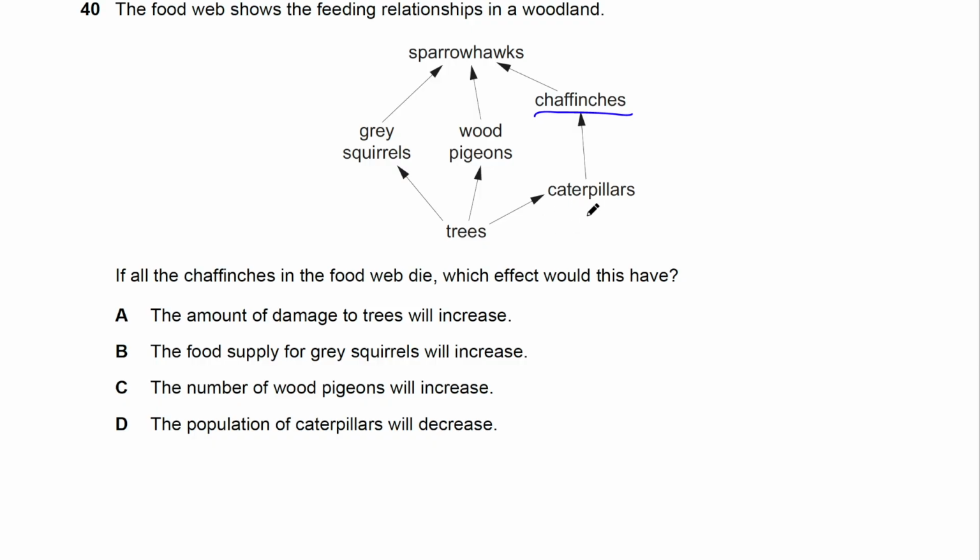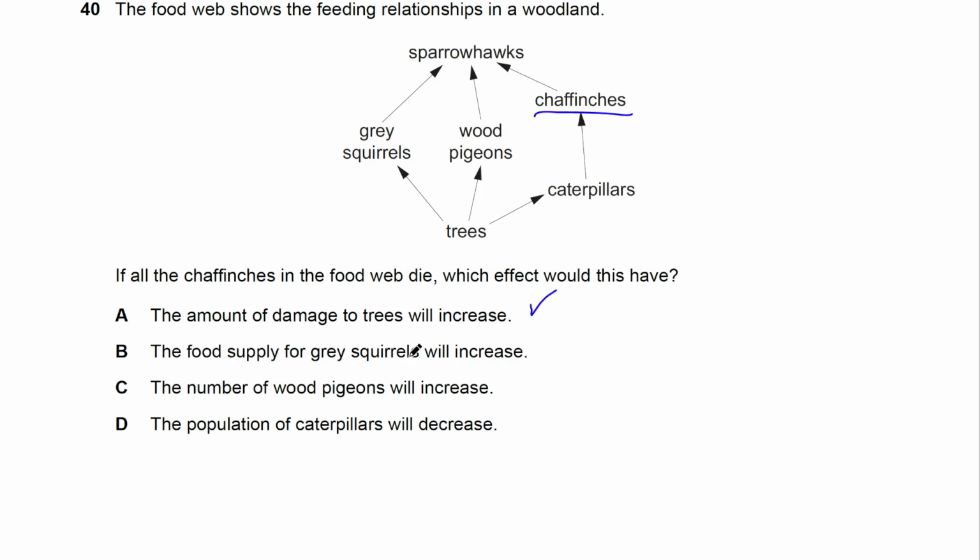And caterpillars will increase because chaffinches feed on caterpillars. Okay, let's read. A, the amount of damage to trees will increase. Caterpillars will increase because the chaffinches will not eat them, so they will eat more trees. A makes sense. Let's move to B.